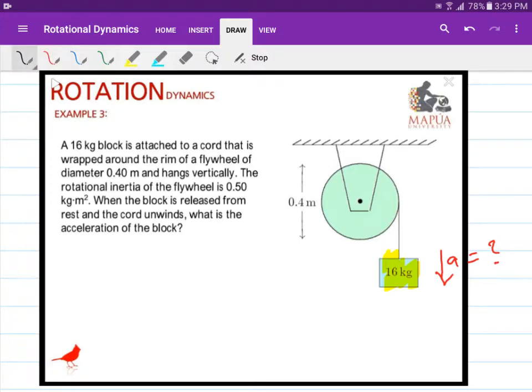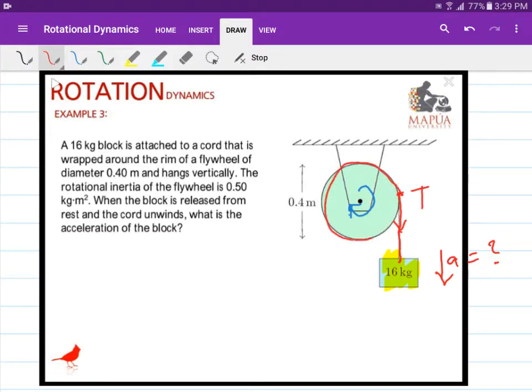First, we note that our flywheel has a moment of inertia, so a net torque must be applied for it to undergo an angular acceleration. That net torque will be coming from the tension provided by this block.